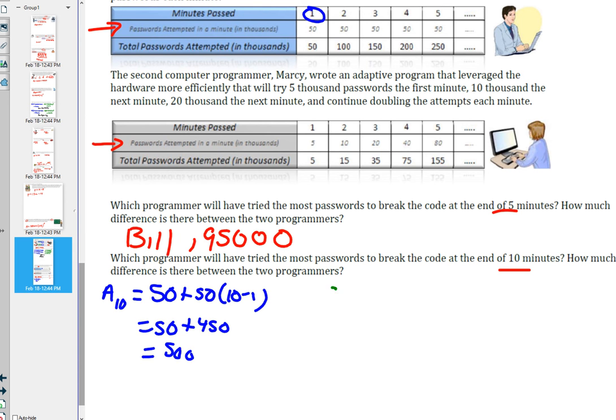Then for the second one, for Marcy, her original amount was 5. What was the numbers that were double?